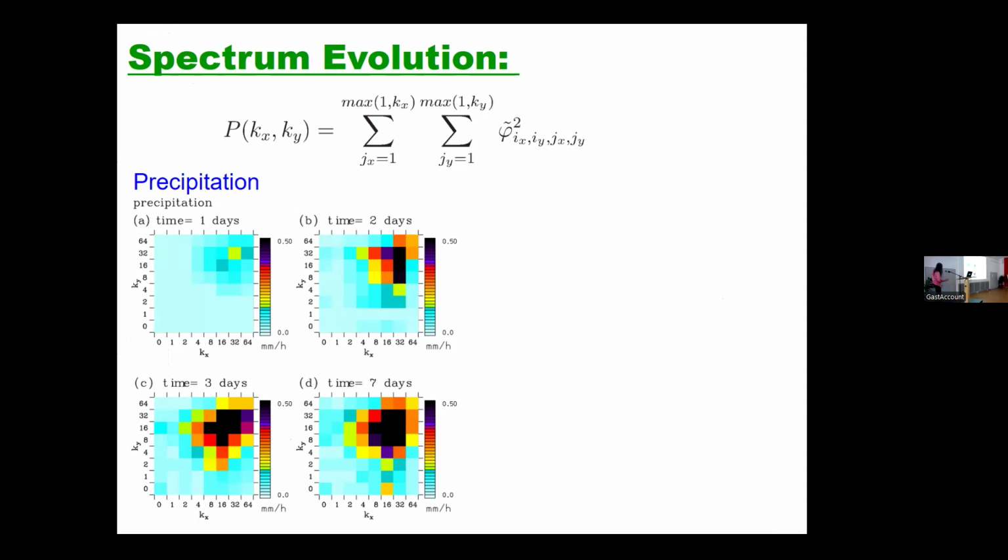Then we see the precipitation power gradually evolve with time. But the funny thing is, we never see this energy go to smaller scales. The wave number in X and Y increases by a factor of 2, as I said. So power increased with time, and I stopped at day 7 because this structure never changes from this time.